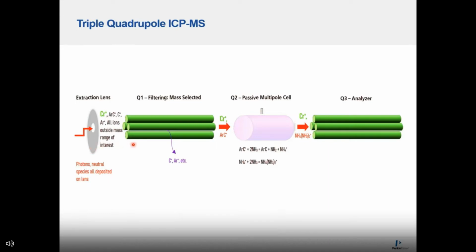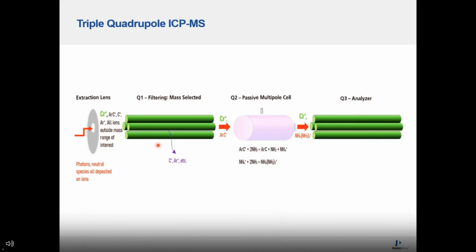From there, the ion beams pass through to the first analyzer quadrupole for the first stage of mass resolution. In the MS/MS on-mass or mass-shift mode, only the mass of interest is allowed to proceed and transmit into the cell. All other ions at different masses are rejected by Q1.